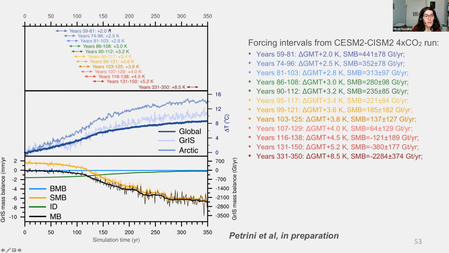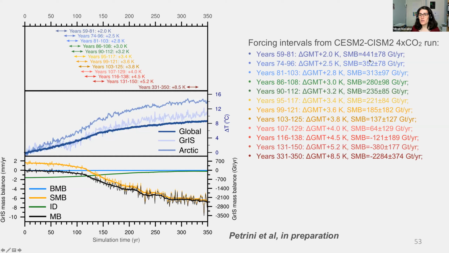So periods when the transient warming was 3 Kelvin, 3.2, and 5.2, and also when it was 8.5 Kelvin here. And we repeat this forcing all over for the ice sheet model, and we are looking at which ice sheets will go and which ones will not.